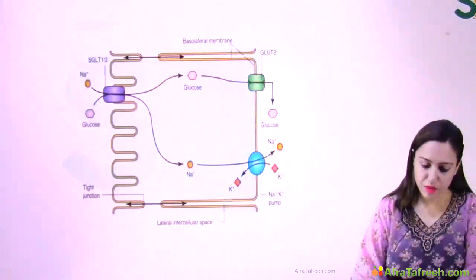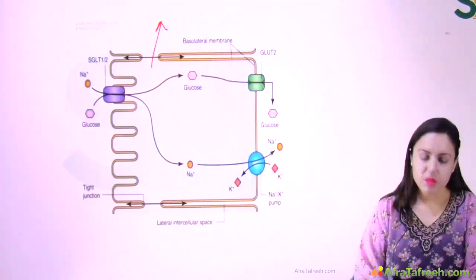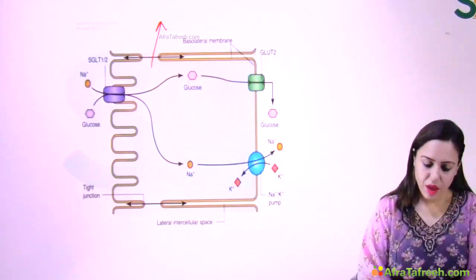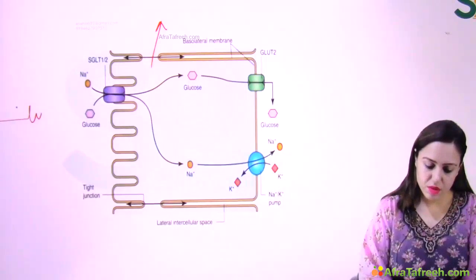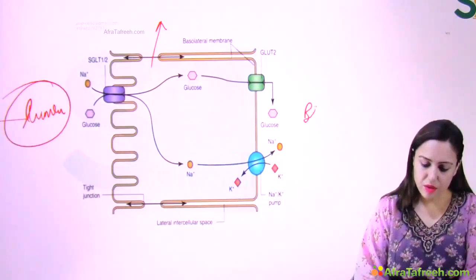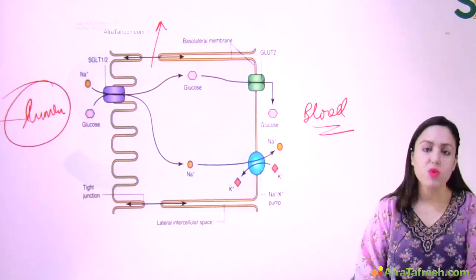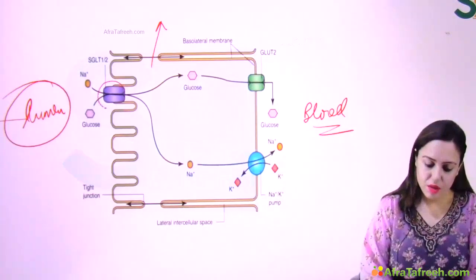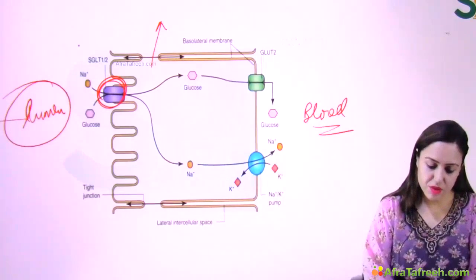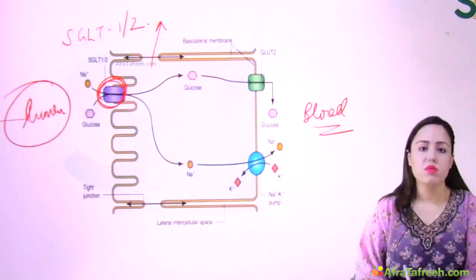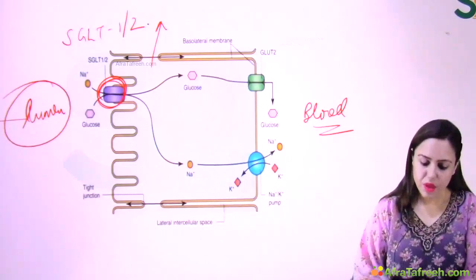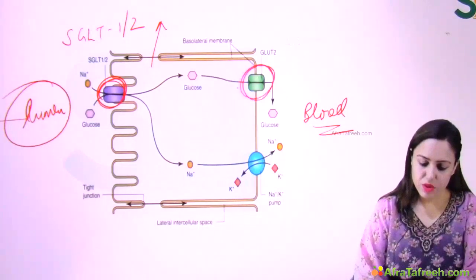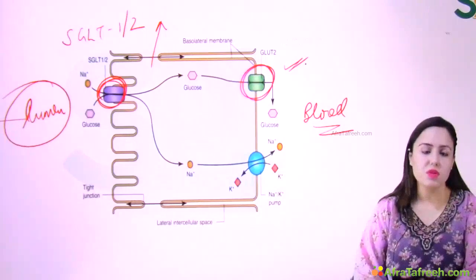So see this diagram. This is the renal cell, and this is the luminal side, and this is the interstitial fluid or blood side. Here this SGLT is present, which can be SGLT1 and 2. 1 and 2 both are present in the kidney, and on the basolateral side GLUT2 is present.